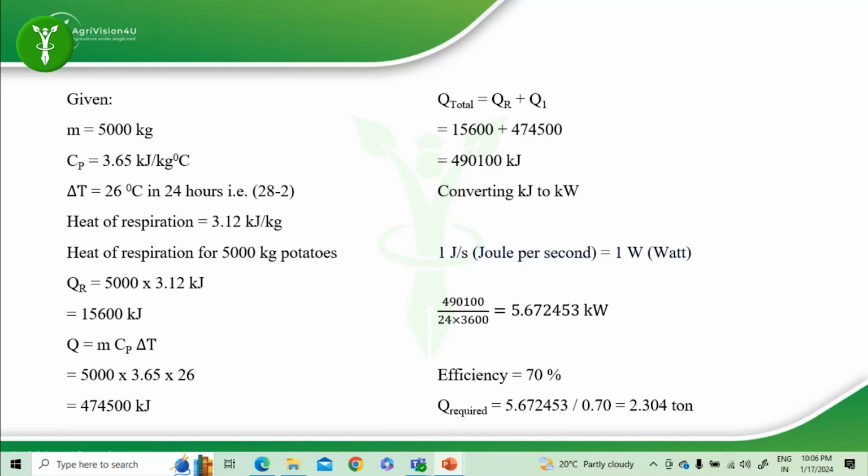Now we have both the heats. So the total heat transfer will be the heat transfer by respiration plus by Q, QR plus Q is equal to 490100 kilojoule.